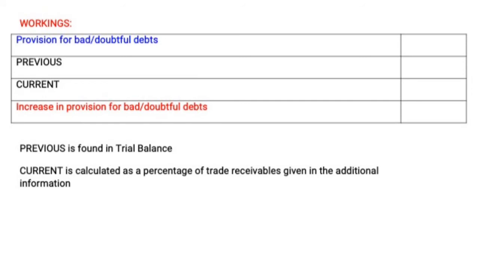Then you write previous. Then you write current. The previous refers to the provision for bad debts in the trial balance, which represents the provision for bad debts for the previous year.